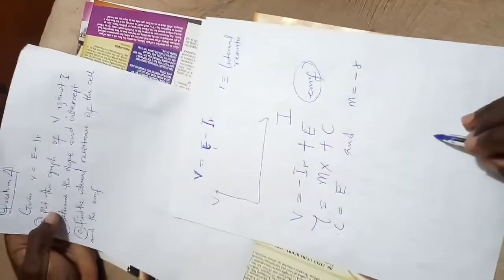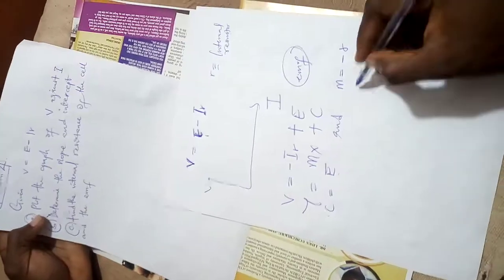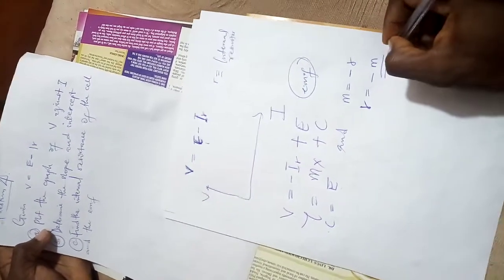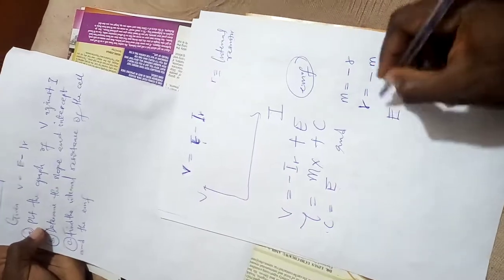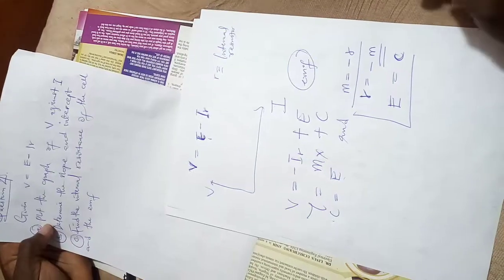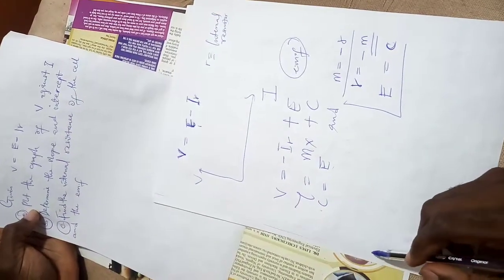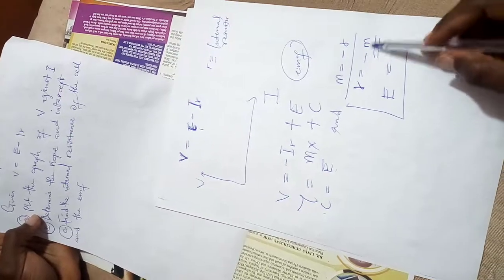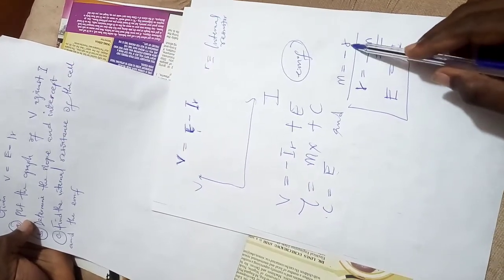So you see clearly that the internal resistance will be equal to the negative of the slope, and our EMF will be equal to the intercept of that graph. So our slope is a negative value, a negative slope.